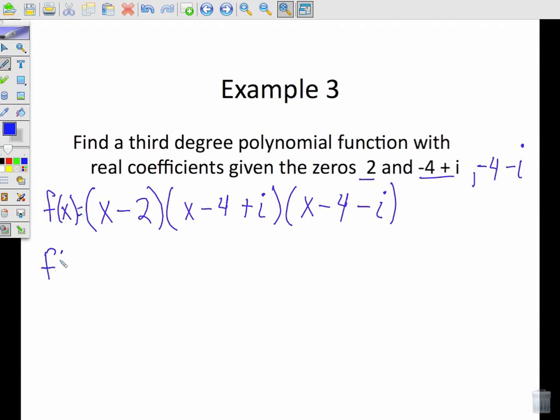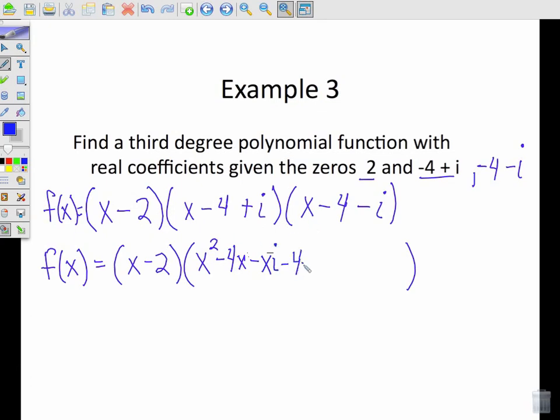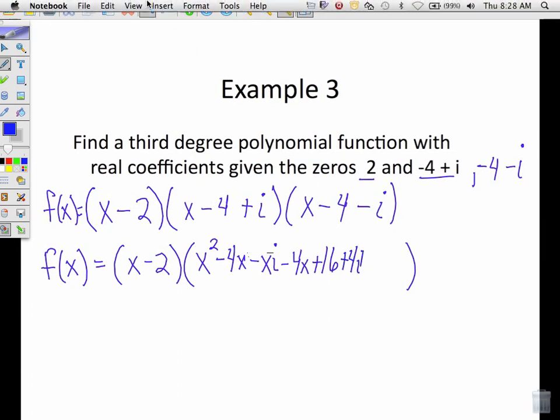Now what we're going to do is combine the second two so that we can get rid of our imaginary units. So I'm going to leave the x minus 2 alone for a second. And I'm going to FOIL all these together. x squared, minus 4x, minus xi, negative 4 times all three, negative 4x, plus 16, and then plus 4i.